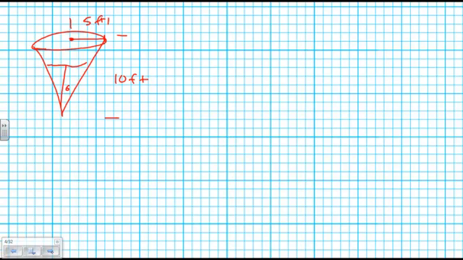How about we try to synthesize one of the pieces of information I just gave you? Ready? I'll say it one more time. Maple syrup is entering the tank at a rate of 9 cubic feet per minute. What is the volume of a cone? The volume of a cone is 1/3 pi r squared h.